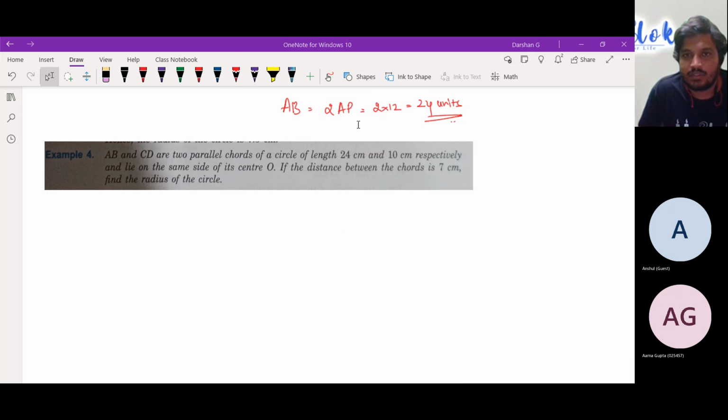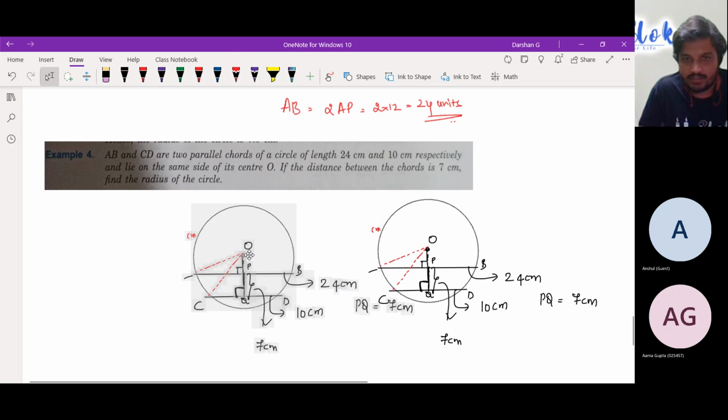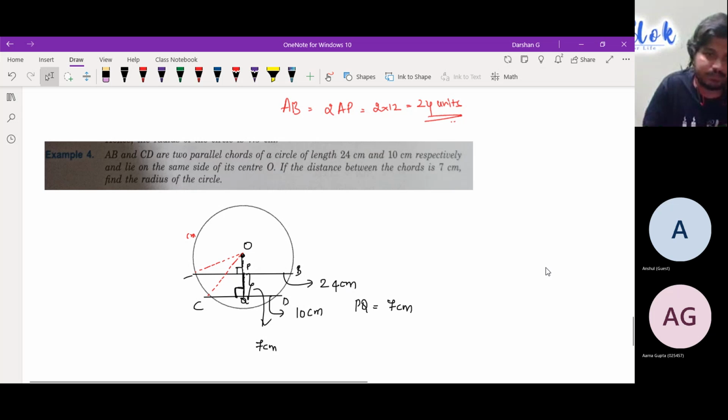There's the question. First start drawing the diagram, and the diagram should look like this. Let this be A. So we have AB as one chord and CD as the other chord. Both are parallel and lie on the same side.